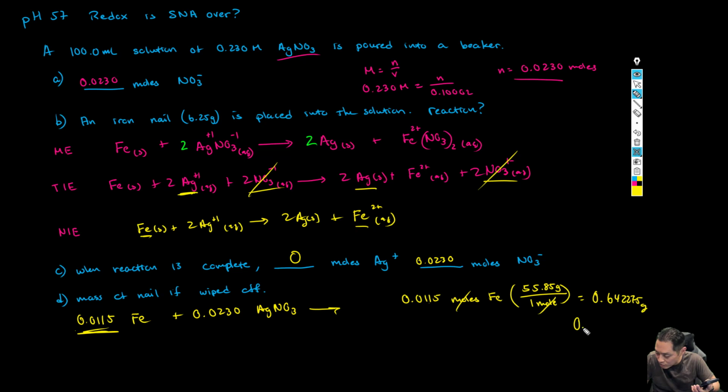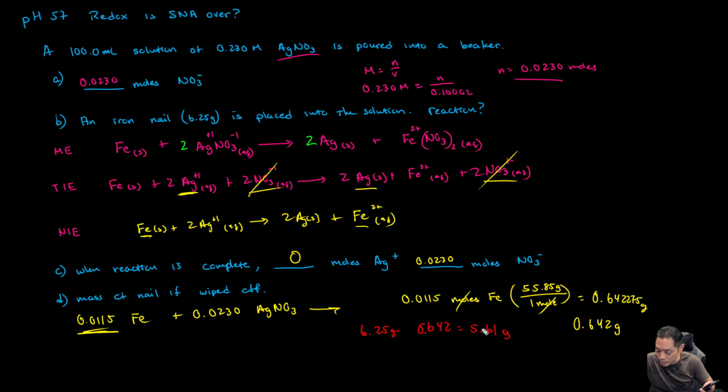Now we start off with 3 sig figs, so I'm just going to end with 3 sig figs. We're never going to measure out to the thousands. But we consume this much. So if we want to know what's left, all we have to do is subtract. 6.25 grams subtracted by 0.642, and we are going to have 5.61 grams left.